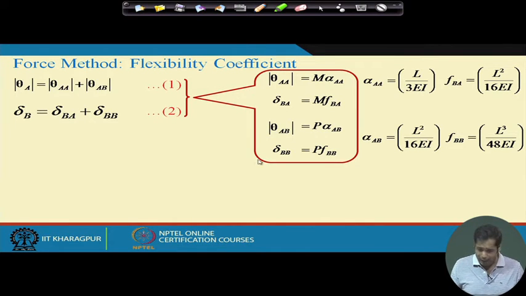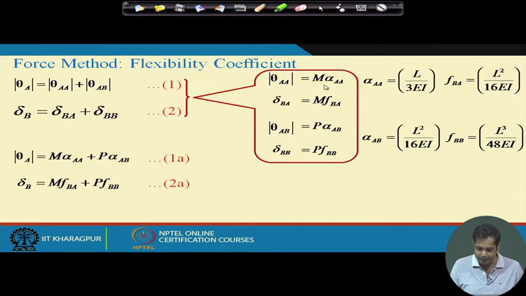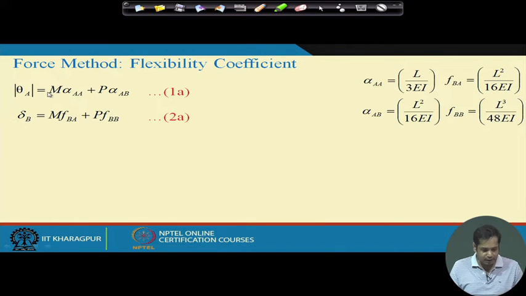Now, if we apply this into these two equations which we obtained from the principle of superposition, then we have this theta A is this, theta AB is this, and theta BA is this, and theta BB is this. So we have these two equations. Suppose this is equation number 1A and equation number 2A. Okay. Now, then equation number 1A is this and equation number 2A is this, and in this equation alpha and F are the associated flexibility coefficients, and their expressions are this.